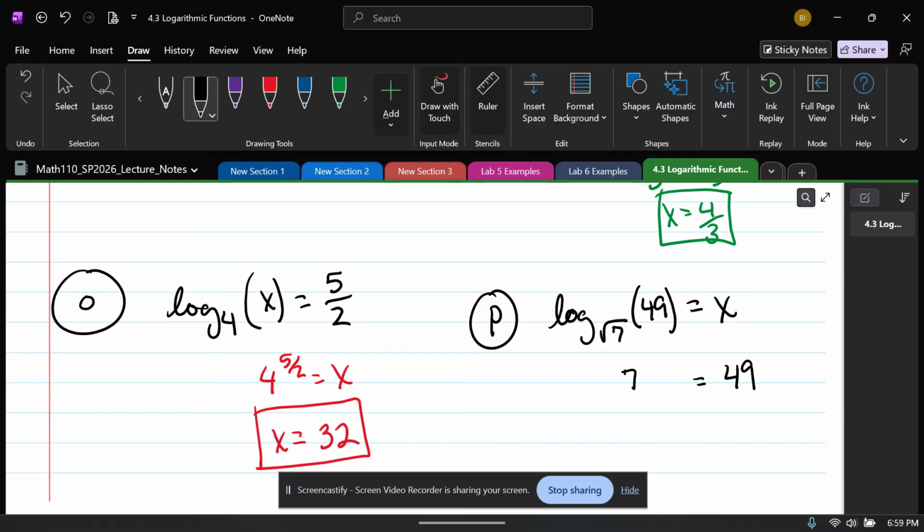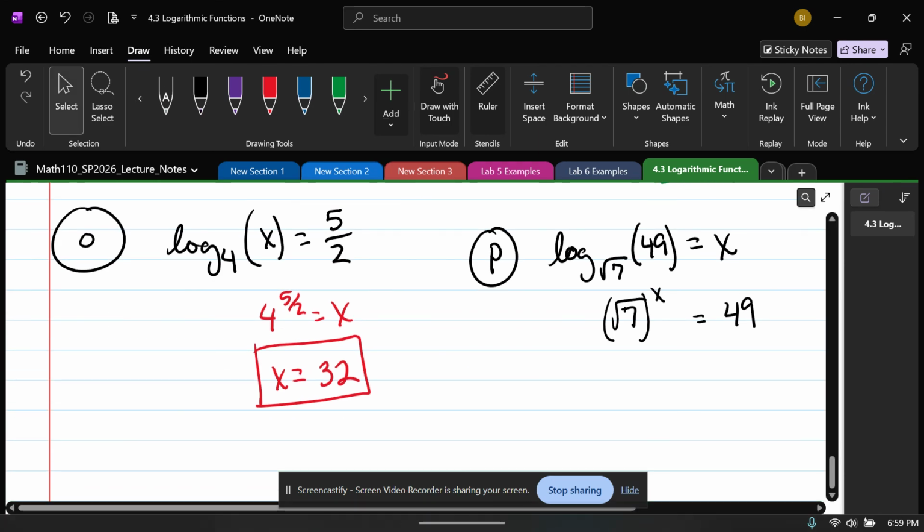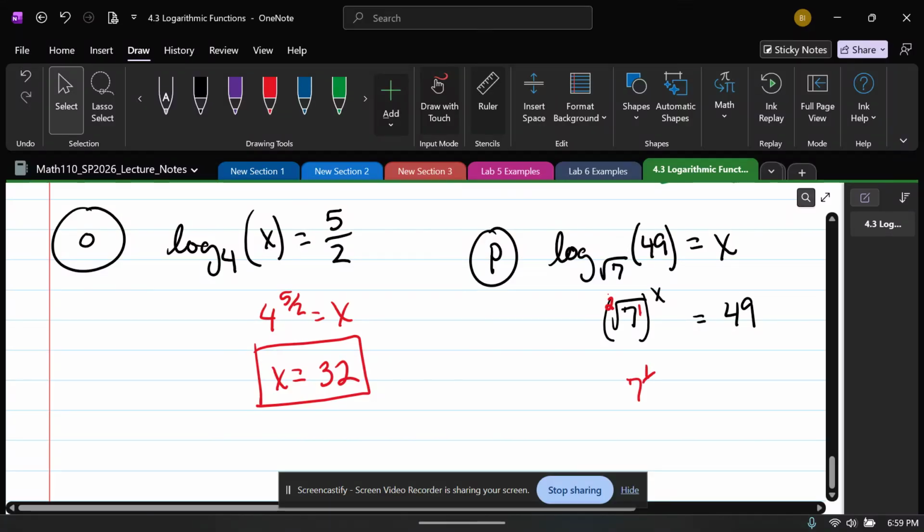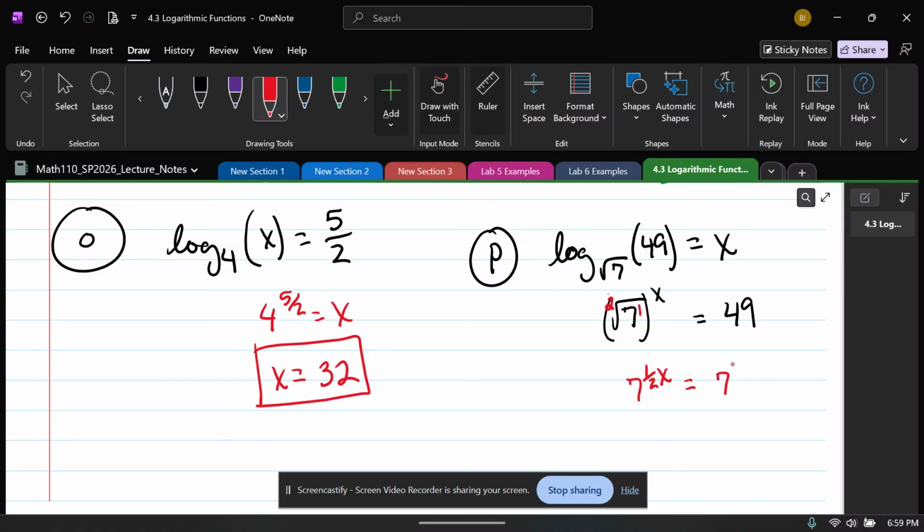I'll make that 49 over there. Not just x, but that's a square root of 7, right, to the x. Square root is 7 to what power? What's the exponent for the square root? Okay, no, that's the index. The exponent for a square root. 1/2. This is 7 to the 1/2 x equals, and you're right on the 49, make it 7 squared.